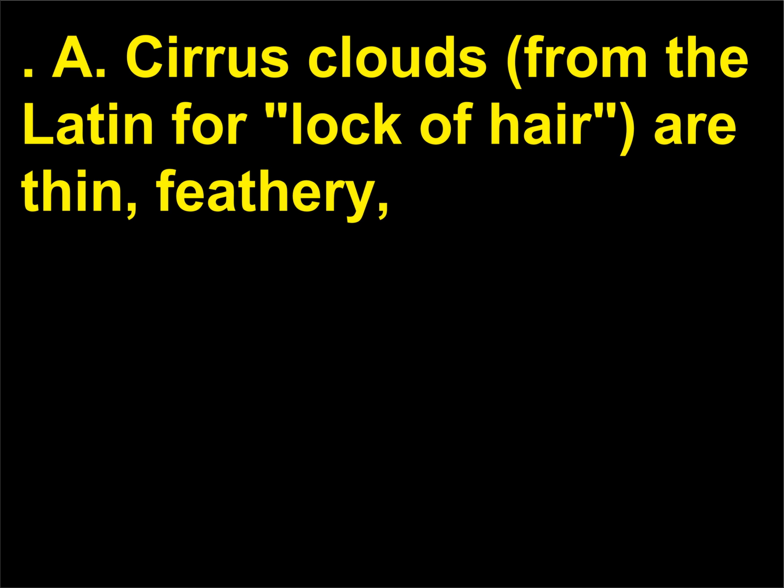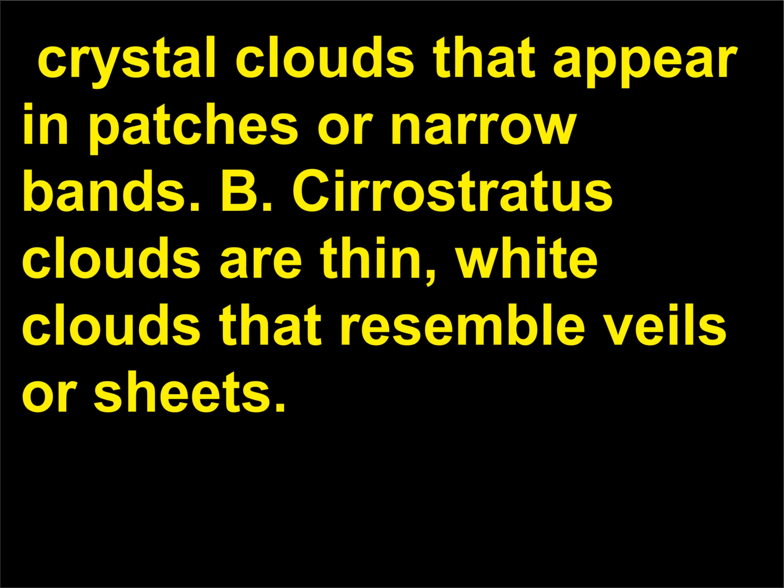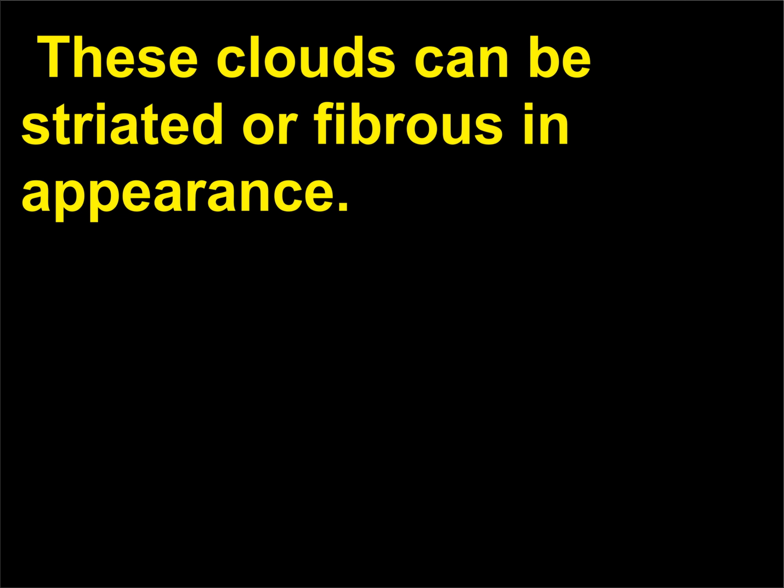A. Cirrus clouds, from the Latin for lock of hair, are thin, feathery crystal clouds that appear in patches or narrow bands. B. Cirrostratus clouds are thin, white clouds that resemble veils or sheets. These clouds can be striated or fibrous in appearance.